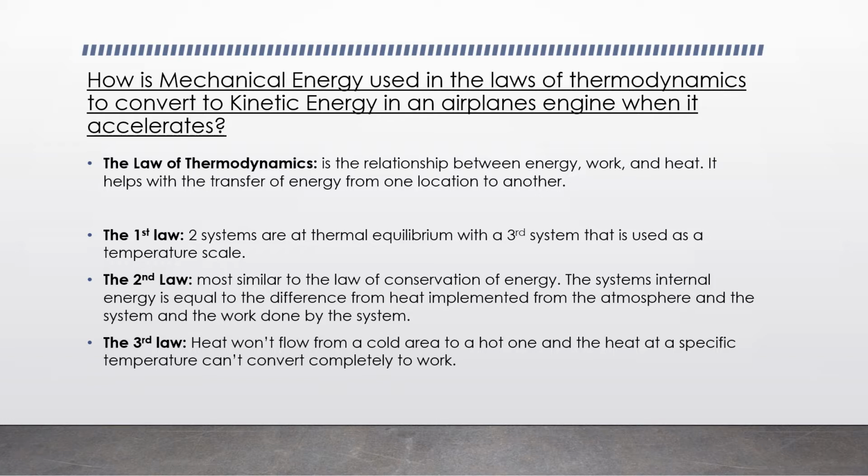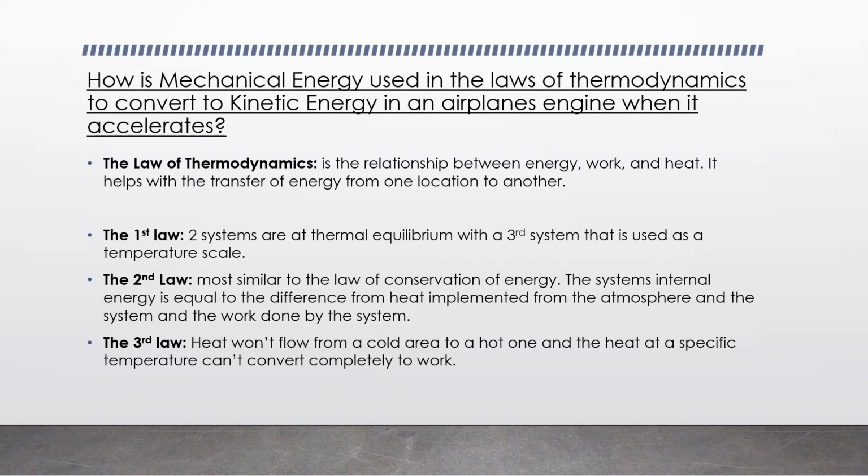So the first law is there's two systems within a thermal equilibrium with a third system that is used as a temperature scale. And the second law is most similar to the law of conservation of energy.